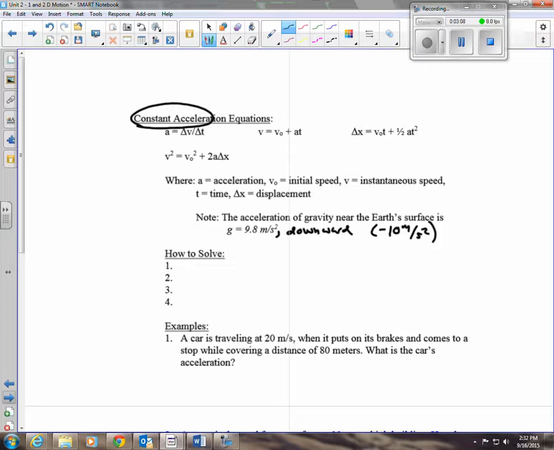Now, how do you solve these types of problems? You may want to sketch a graph or a diagram. You don't have to, but sometimes it helps to visualize, especially for the more tricky problems. Part 2, you're going to write down your givens.